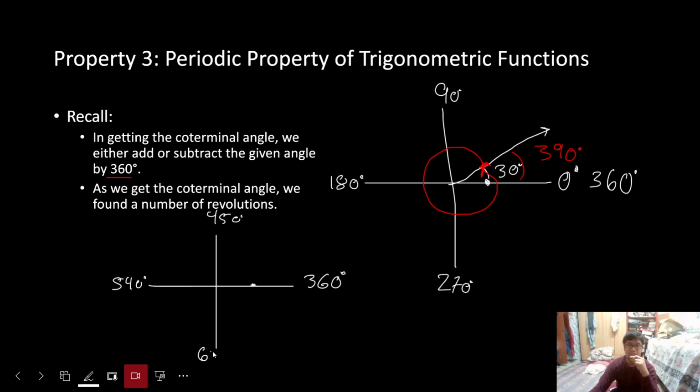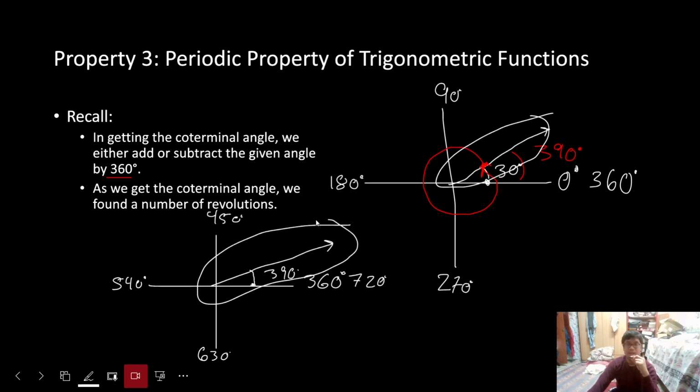Here we will have 630 degrees. And here we will have 720 degrees for two complete revolutions. As you can see, 390 degrees is located between 360 and 450. In fact, since they are coterminal angles, they are in the same position. They may be equivalent, but they're not the same in terms of their number. They are equivalent because of their position.